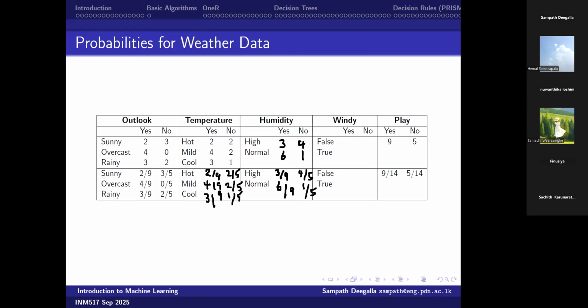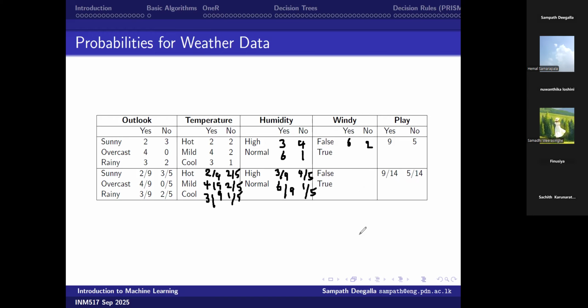So windy false, how many times? 1, 2, 3, 4, 5, 6, 7, 8. We have 8 false. So how many yeses? 1, 2, 3, 4, 5, 6.